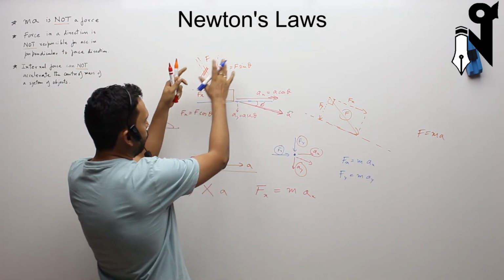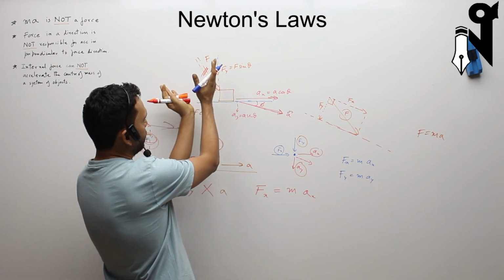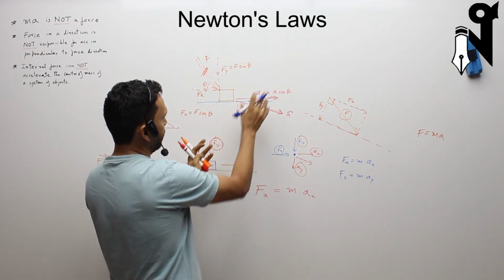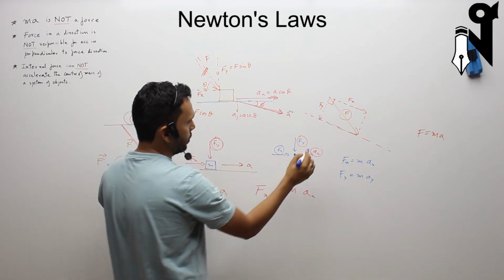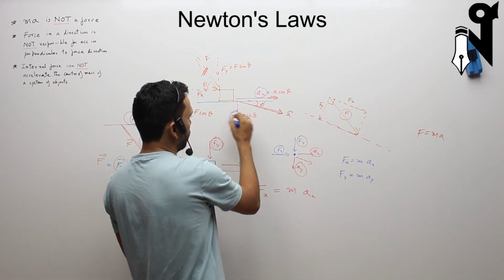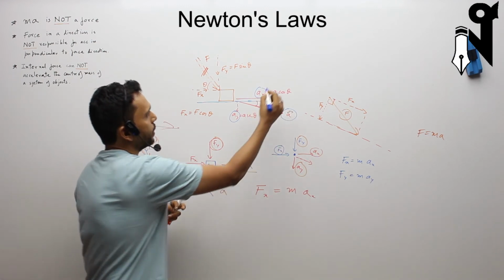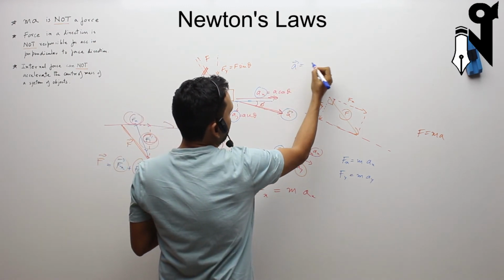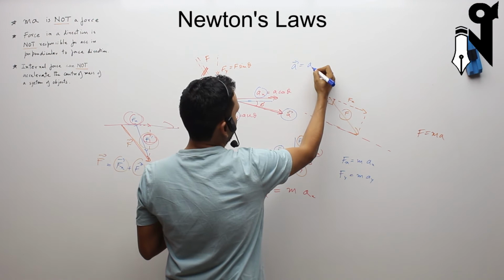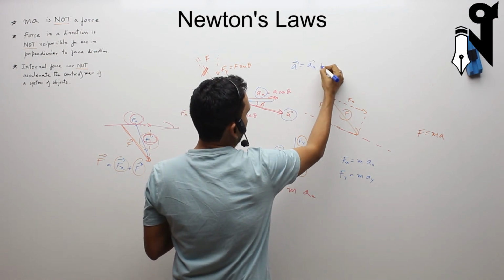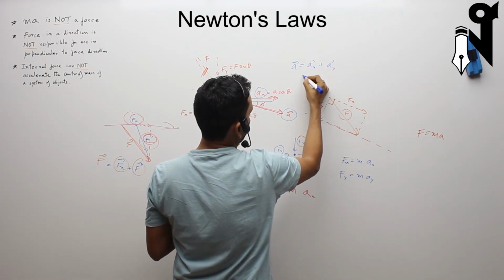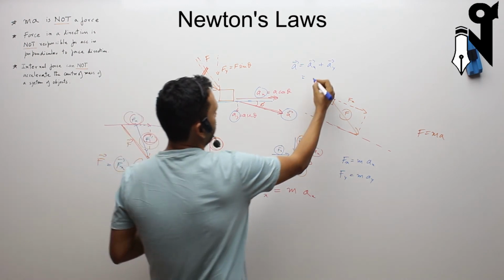So breaking the components in the two directions, we can get the acceleration in the two directions. Neither of the two accelerations, neither this nor this, is the actual acceleration. The actual acceleration can be obtained later by adding the two vectors, and don't worry, both are at 90 degrees, so the addition is quite simple.